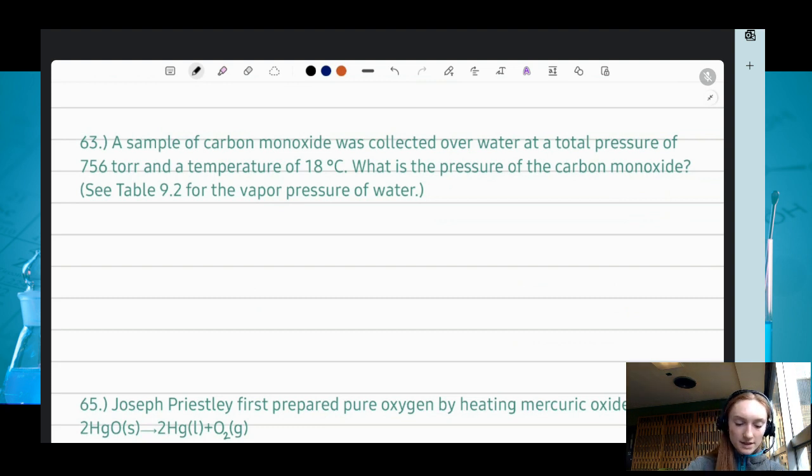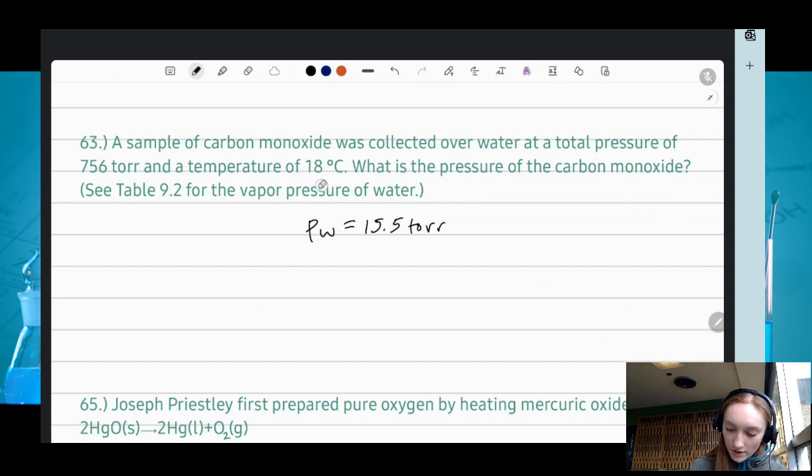Okay, for this one, when you go to the table, it will tell you that for the water, not for the carbon monoxide, water vapor at that temperature is 15.5 torr. So PW, we'll call it, is 15.5 torr, and that's at 18 degrees Celsius.